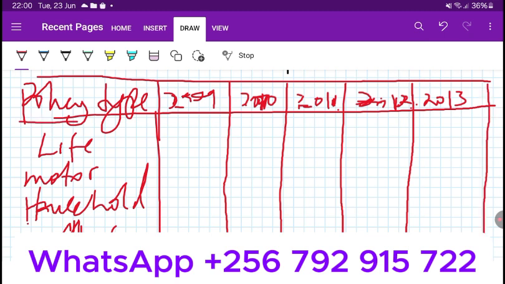So now we want to represent this information in a sense that the insurance policies, the life, the motor vehicle, and then the policies are going to be the ones on the horizontal axis. So we take this to be 24.